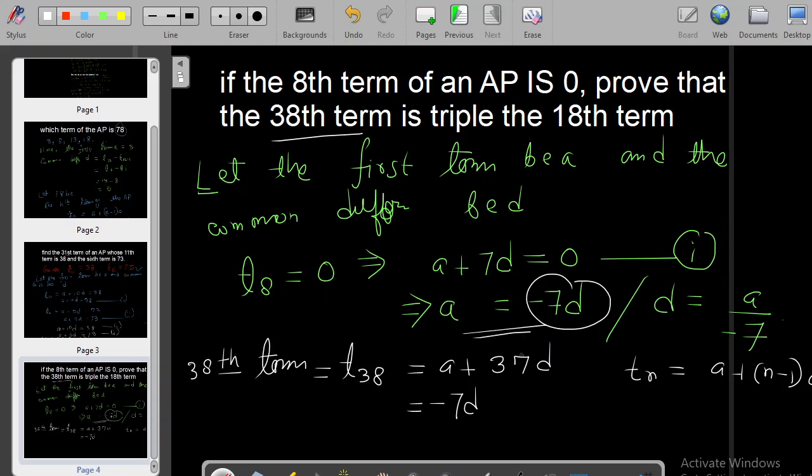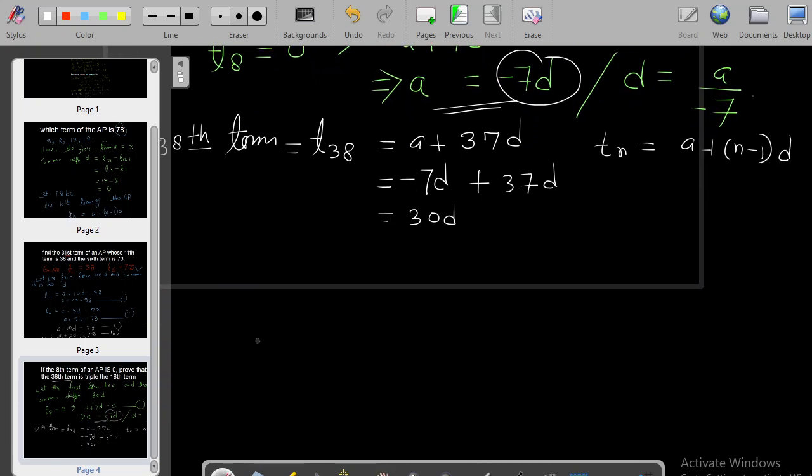And that is 37D, so that is nothing but 30D. So we see that the 38th term, T38, is 30D.